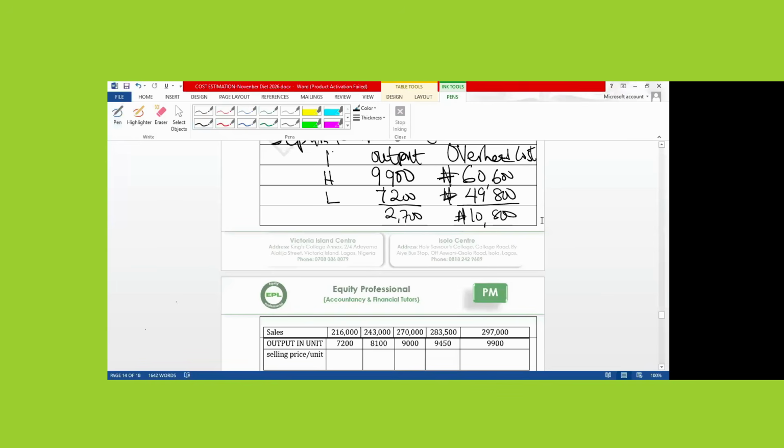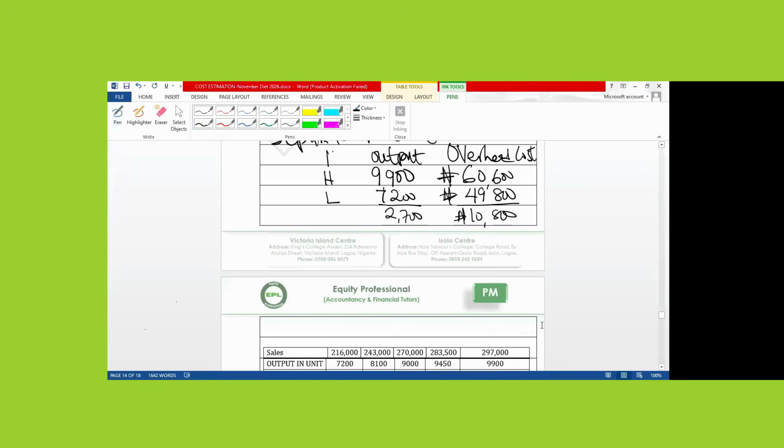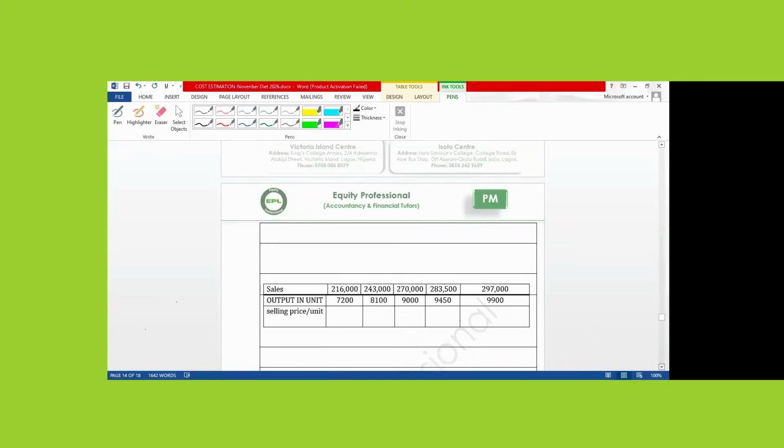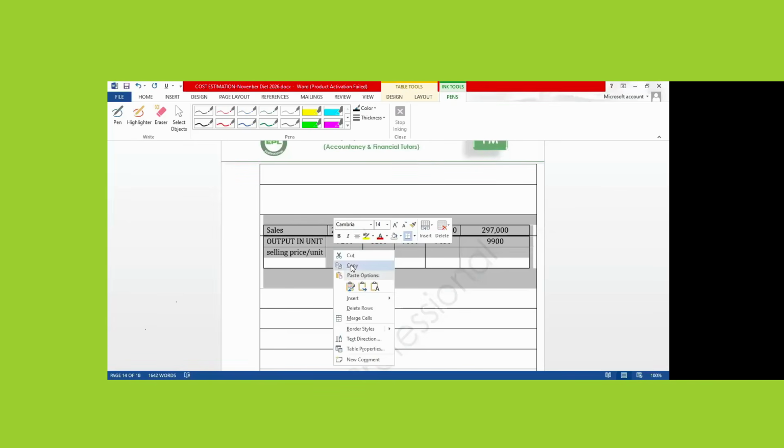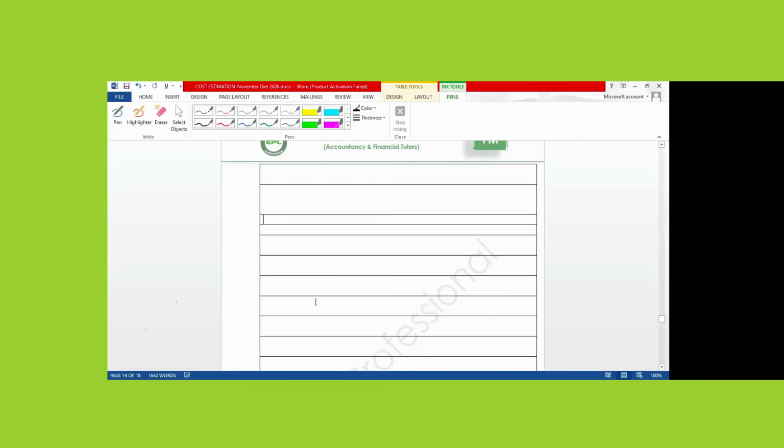We require space. We are going to require space here. Let me check something. Which one will be faster? Can I copy this, cut this out? Take this out. Take it down small.